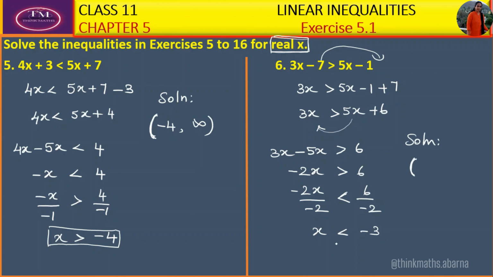As it is a strict inequality, we should use curly brackets on both sides. Less than means this minus 3 should be here and minus infinity. So it moves on till less than minus 3, it stops. So the solution is minus infinity comma minus 3.